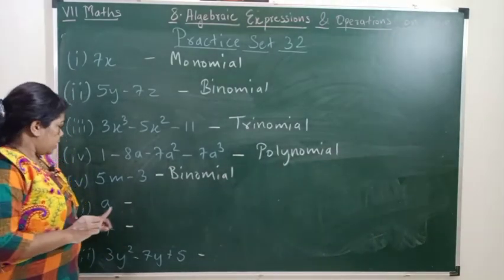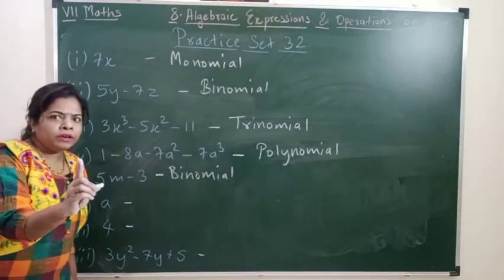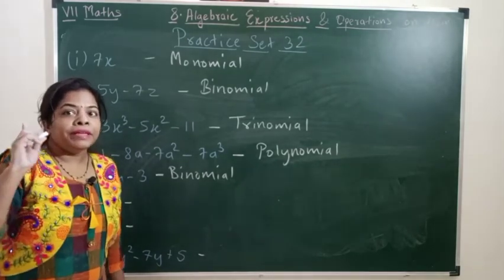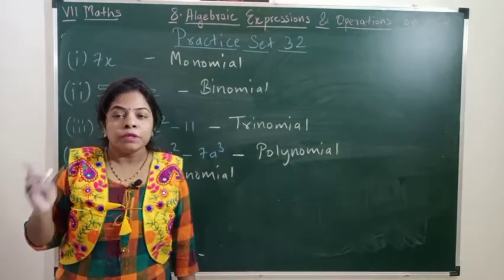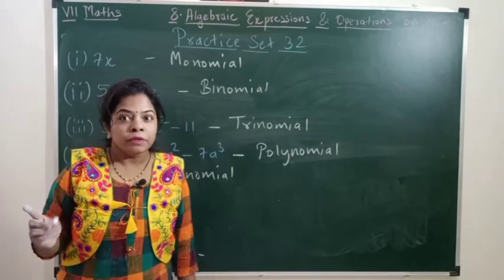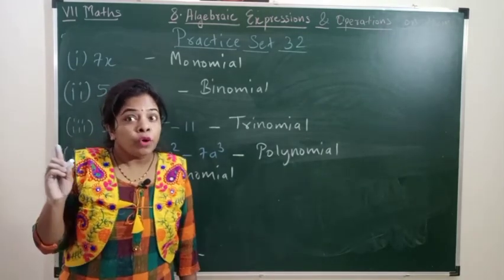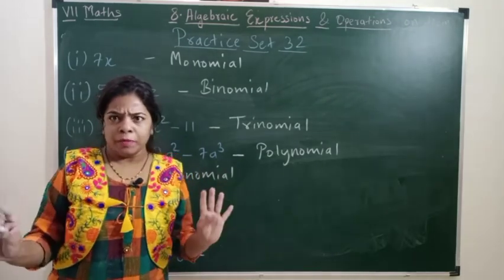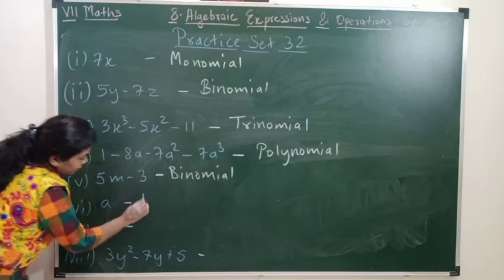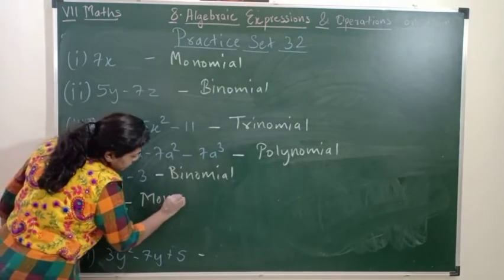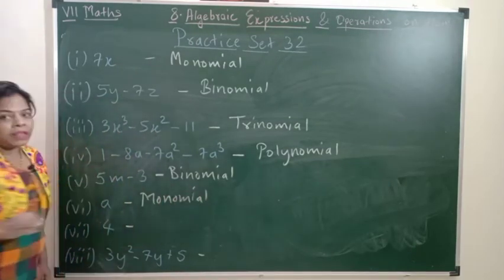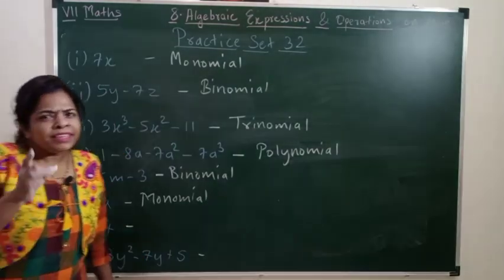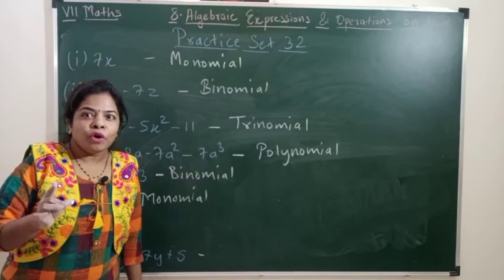Next, A. It's just one term, children, so it is a monomial. One term means monomial, two terms means binomial, three terms means trinomial, and four terms means polynomial. More than three terms is polynomial. So it is monomial. Next one, 4. Just one term, so it is a monomial again.